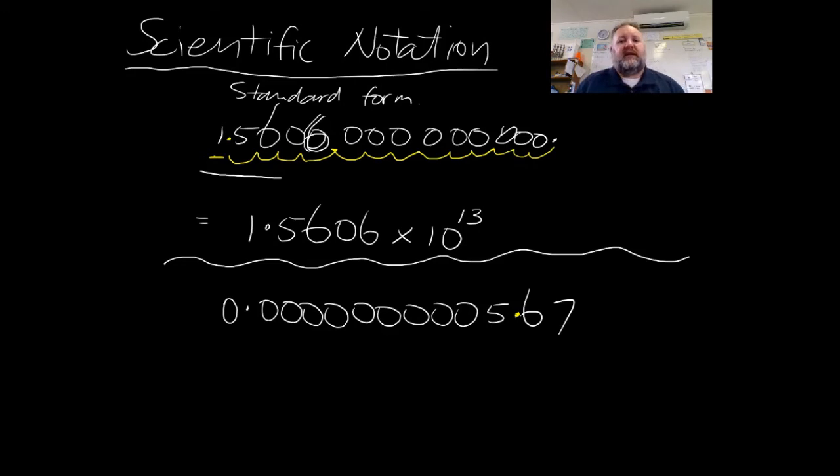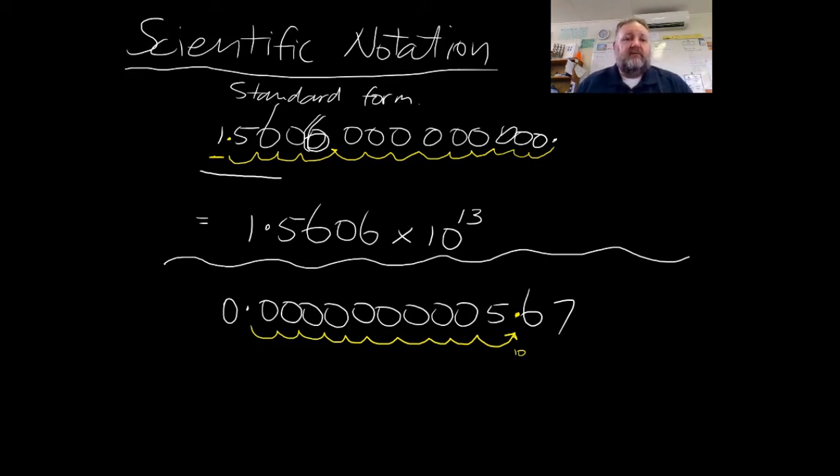Once again, I'm going to draw my little bouncy way down to where that decimal point is going to be and count as I go. So 1, 2, 3, 4, 5, 6, 7, 8, 9, 10. To get there took me 10 little jumps. Okay, so that's fine.